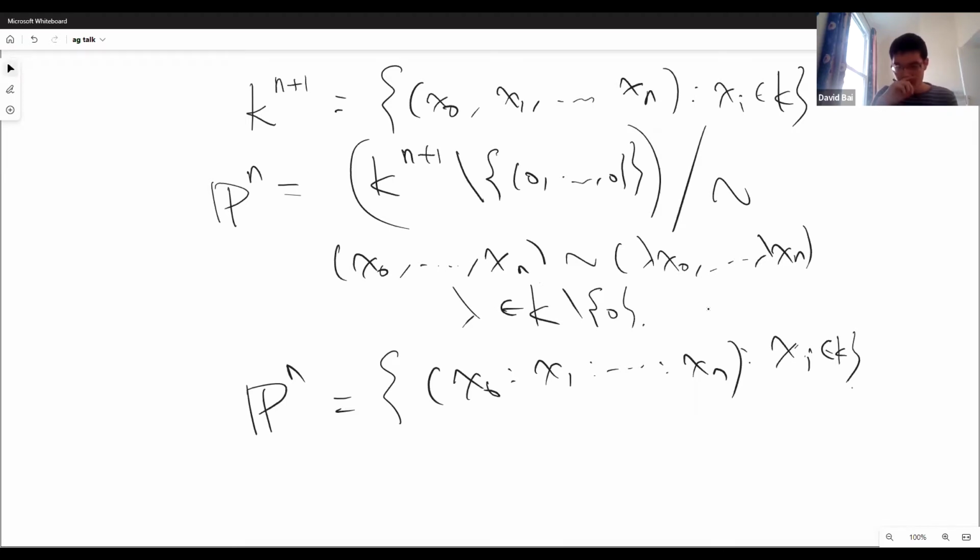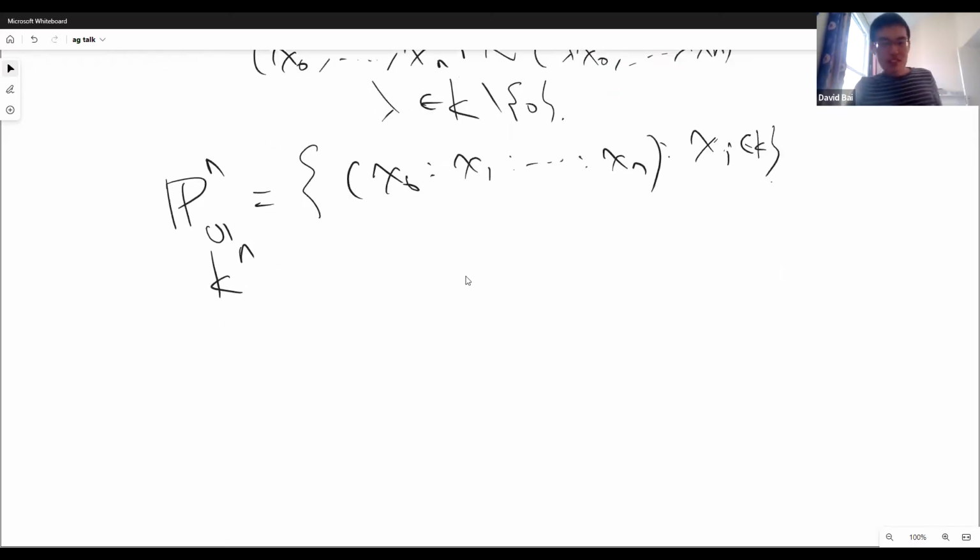Now, from the start, it doesn't seem quite obvious that this does extend the vector space Kn. Certainly, we want to include Kn inside it, and whatever is not in Kn should be our points at infinity. There shouldn't be many points at infinity. So let's see how this works.